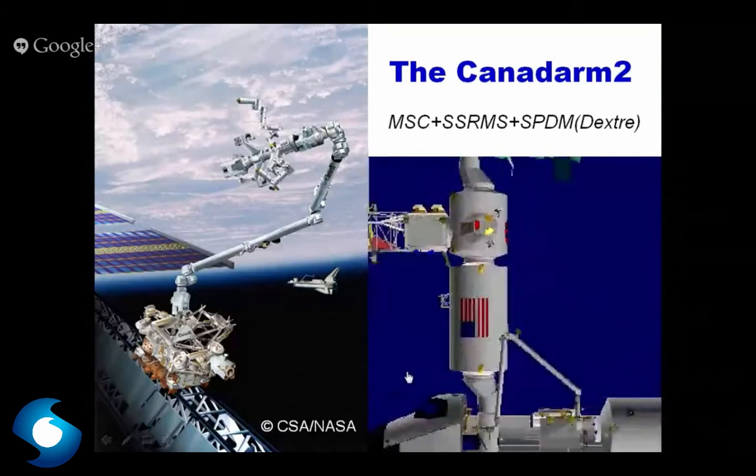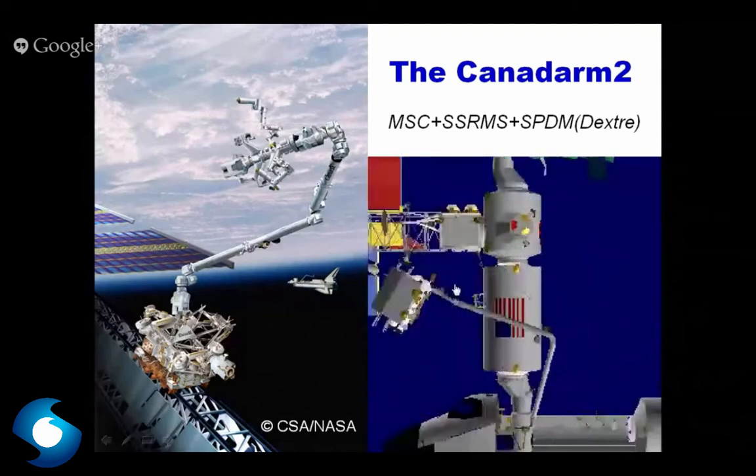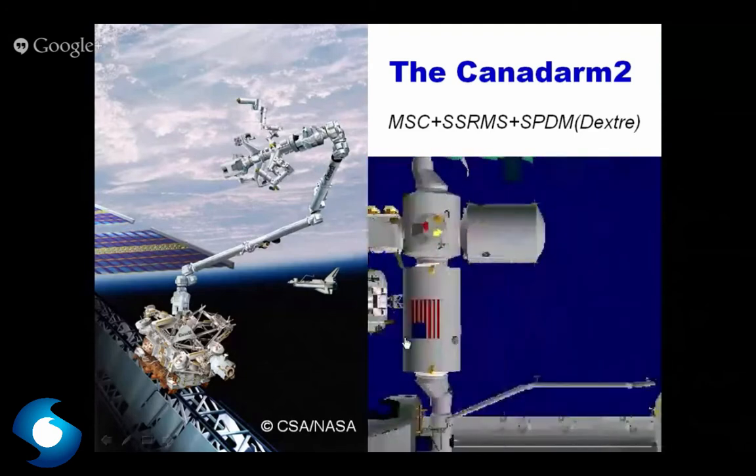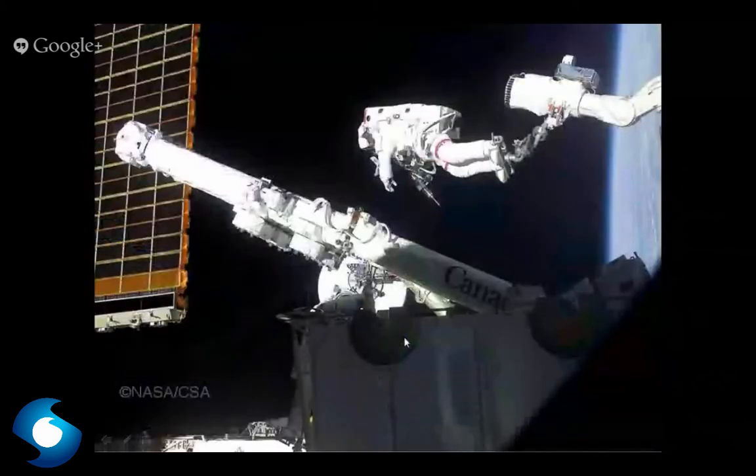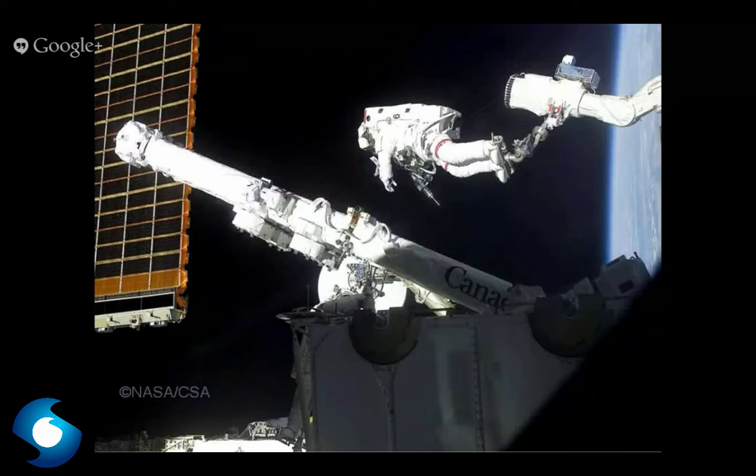These two arms are used for the construction of the space station, and they are very useful. At the end point of the manipulator arm, we have had a human astronaut. That's very interesting. We use a human as an end effector of such long reach manipulator arms.